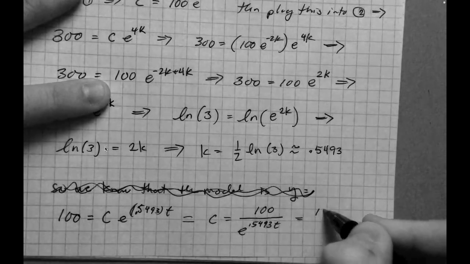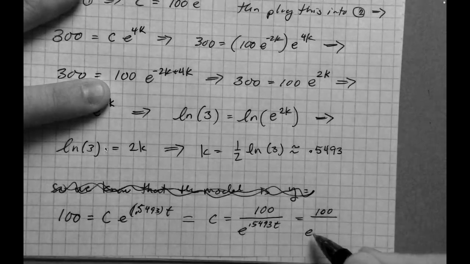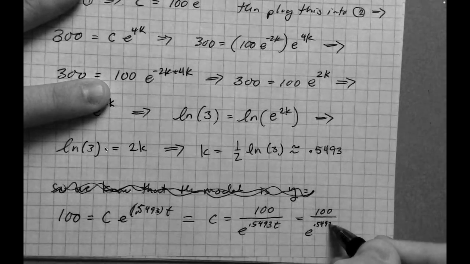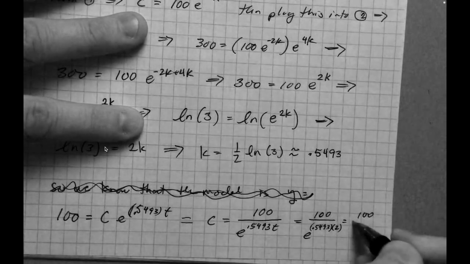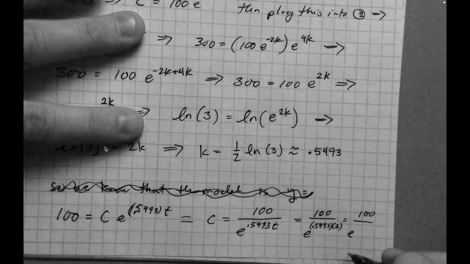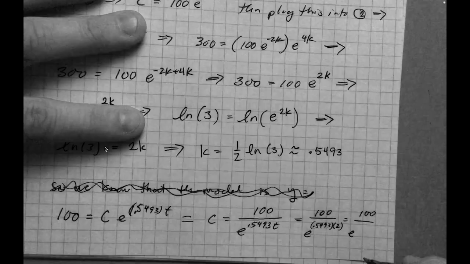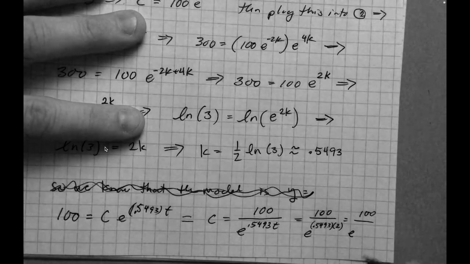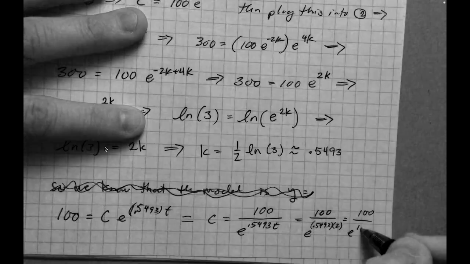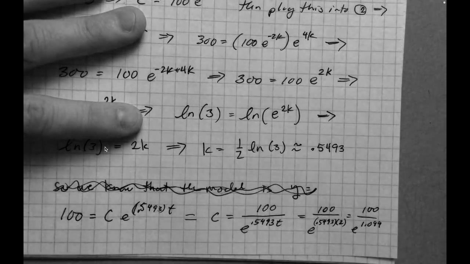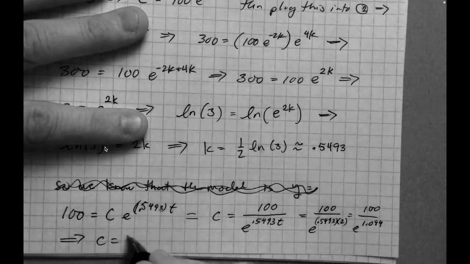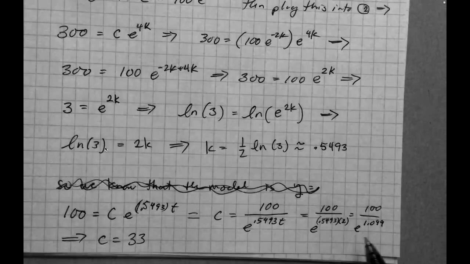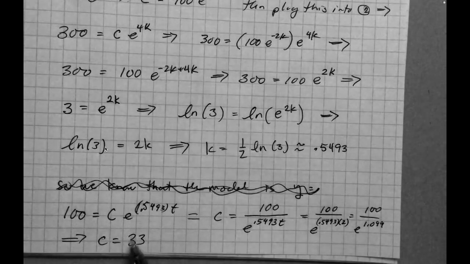So we can just use t equals 2 there. That means C is equal to 100 divided by e to the 0.5493 times 2, which is 100 divided by e to the 1.099 approximately. And so C is about 33.